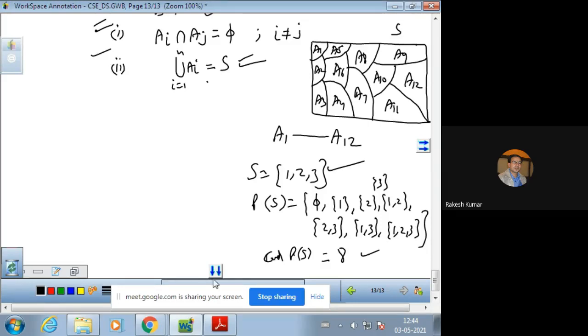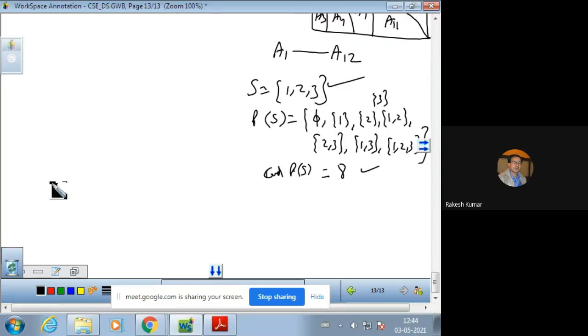Now we have a small question. The question is: determine whether or not each of the following is a partition of the set N of positive integers. They are saying that check करके बताइए कि जो given है वो partition है या नहीं.